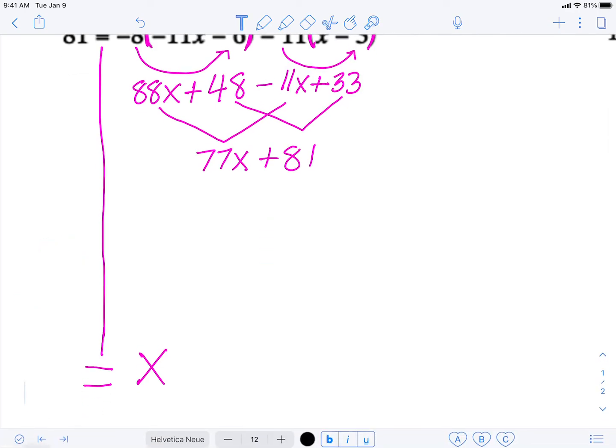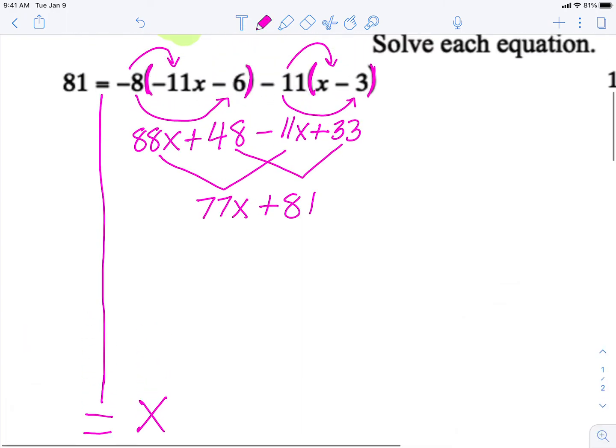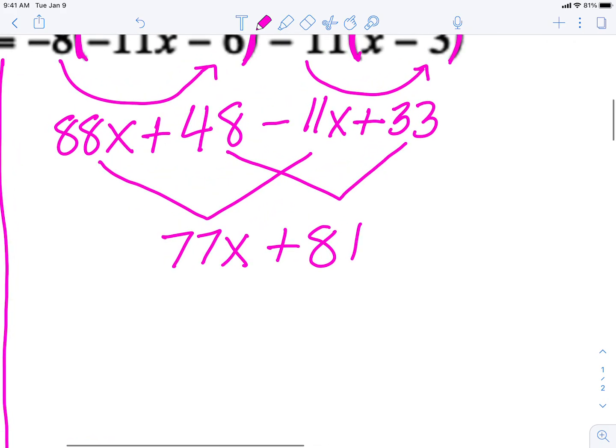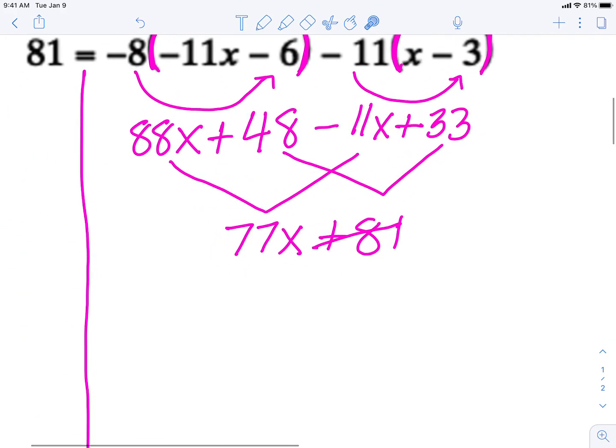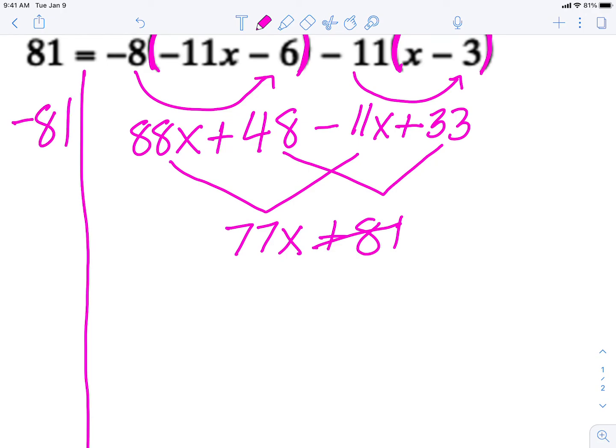So that means I got to cross out this positive 81. And the inverse of positive 81, because this positive 81 is going to come over here, is negative 81, right? The inverse of plus 81 is minus 81.